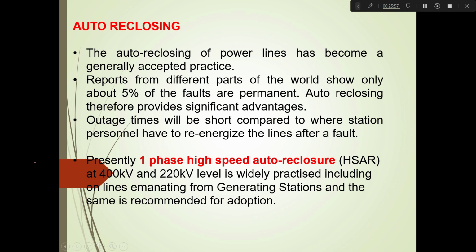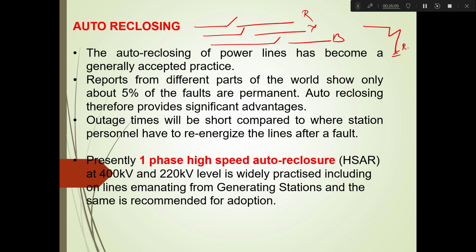So generally in case of a single line to ground fault, what happens is that suppose these are the three poles R, Y, B, and there is a fault in R phase to ground. So this is an RN fault. What happens is that we will open the R phase breaker only. The remaining two breakers will remain closed, and after a certain time delay, this breaker will be given a closing command.